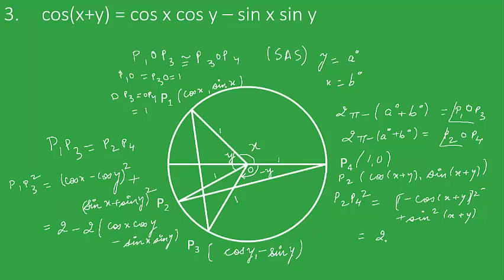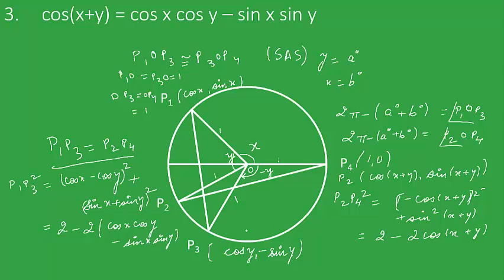After solving and using the equation that cos square of x plus y plus sin square of x plus y is equal to 1, we'll get 2 minus 2 cos of x plus y, and hence these two are equal, their squares will also be equal.